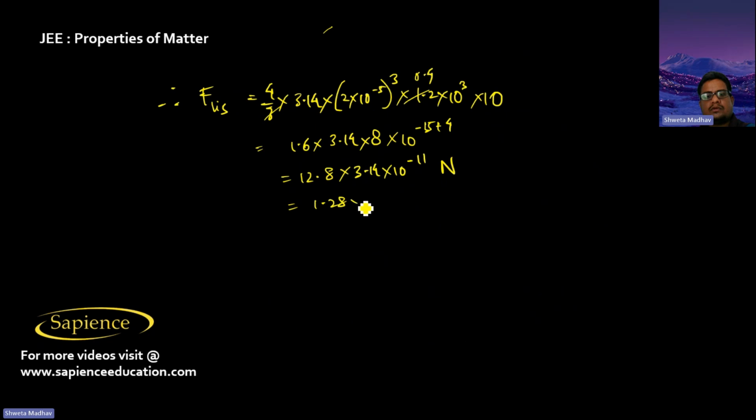Now I can say 1.28 into 3.14 into 10 power minus 10 Newton.